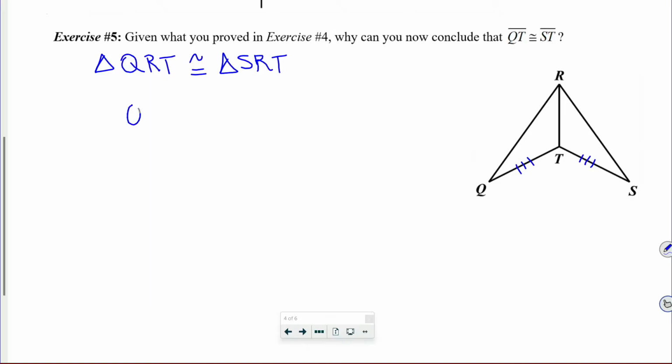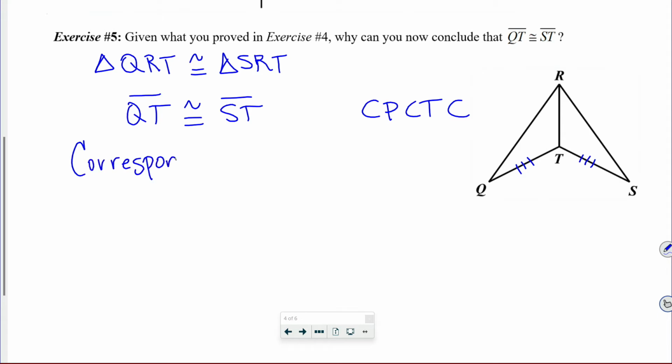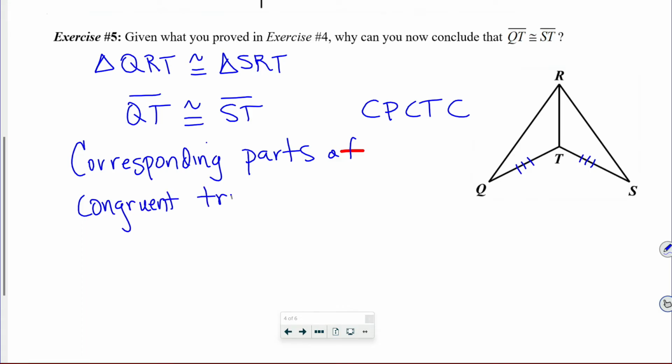So, if this were a further part of the proof, we would finish it by saying QT is congruent to ST, and then the reason would be CPCTC, right? Corresponding, never hurts to write this out again, corresponding parts of congruent triangles are congruent.